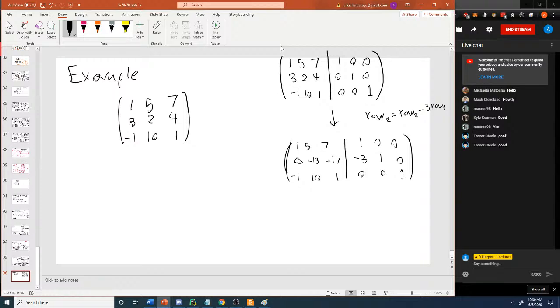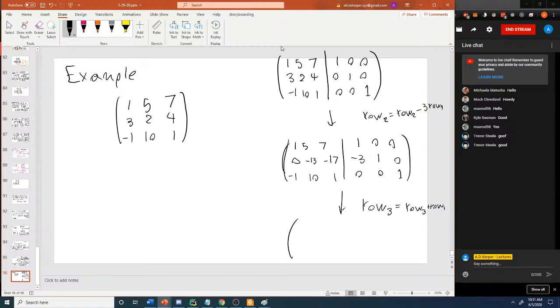Say now I add row 1 to the bottom row. And by doing that, I'll cancel out this -1. So row 3 is equal to row 3 plus row 1.